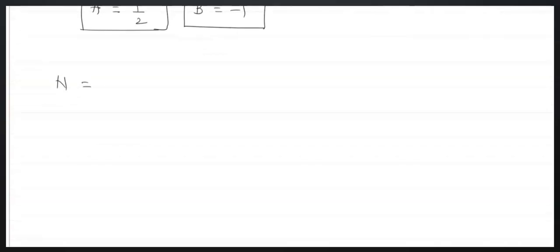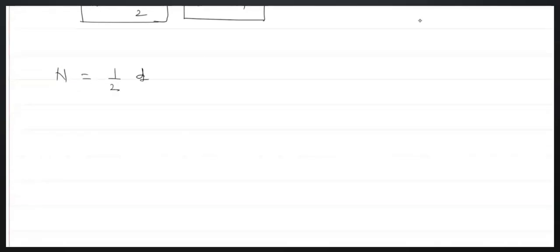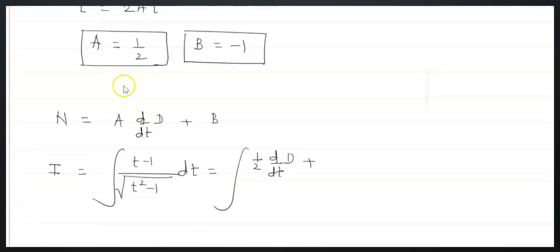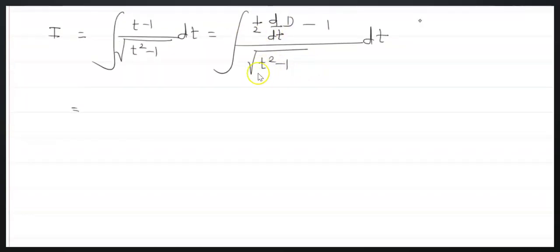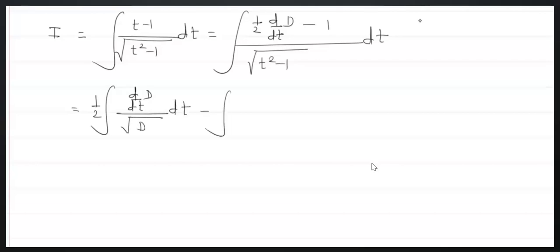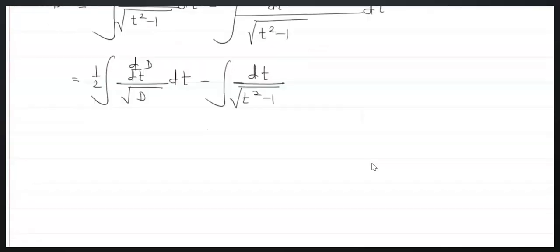Therefore, numerator equals a into derivative of the denominator plus b. Therefore, our integral, putting the value of a and b, is 1 upon 2 derivative of the denominator upon root of the denominator, dt, minus 1 upon root of t square minus 1, dt.